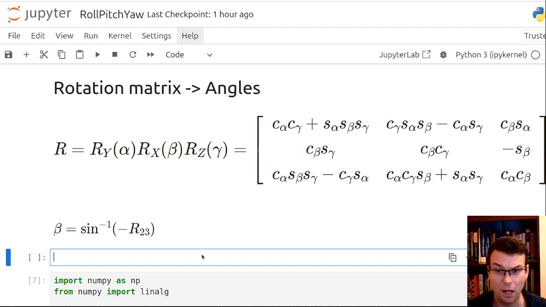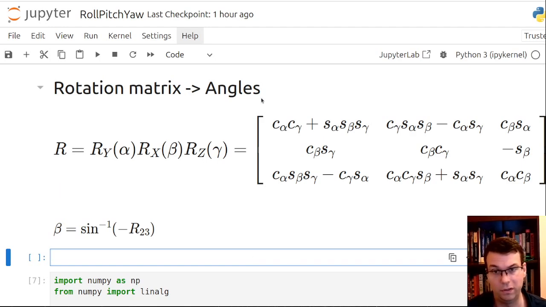Okay, that's nice. Another thing that you'll notice is if you take the quotient of the first row, third column with the third row, third column, then this C beta will cancel out and you'll get S alpha over C alpha, and that's actually the tangent of alpha.